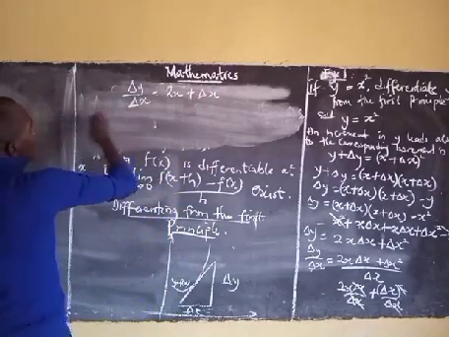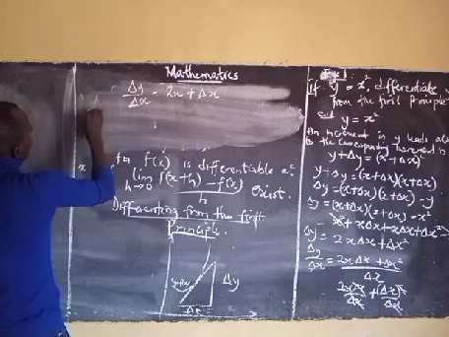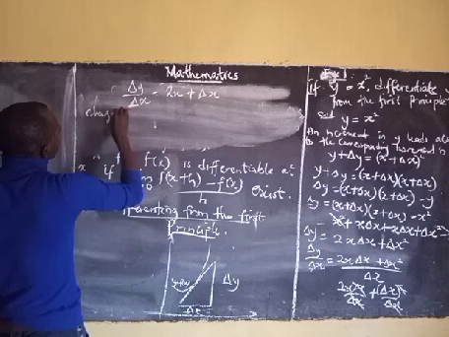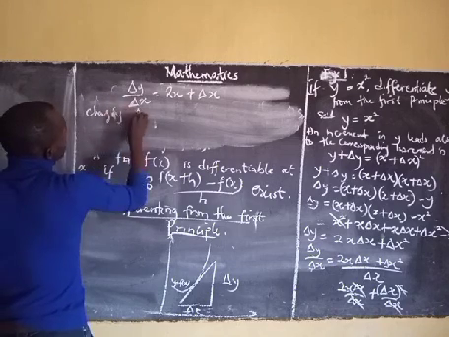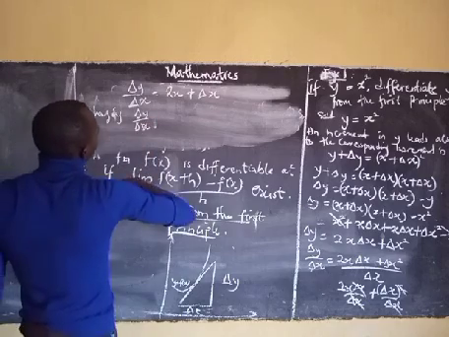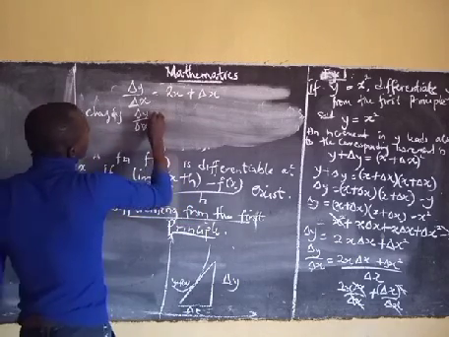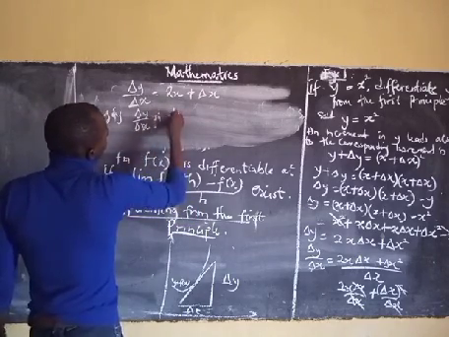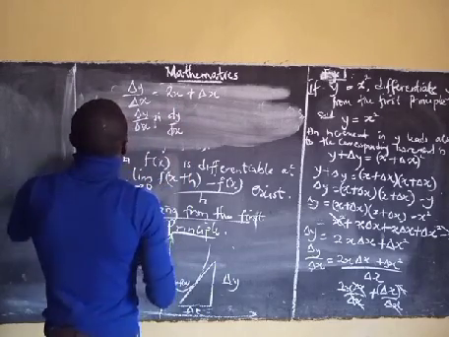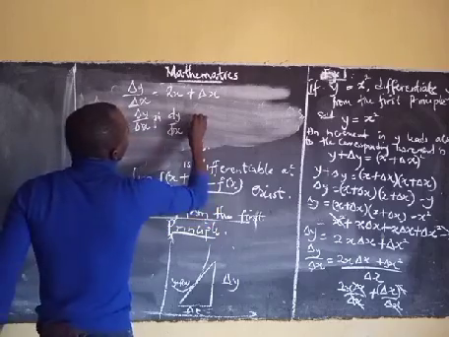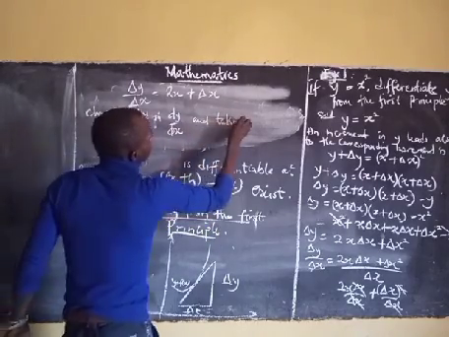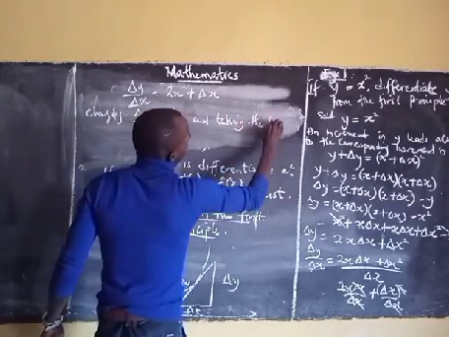From here, let us change delta y over delta x into dy and dx by taking the limits.